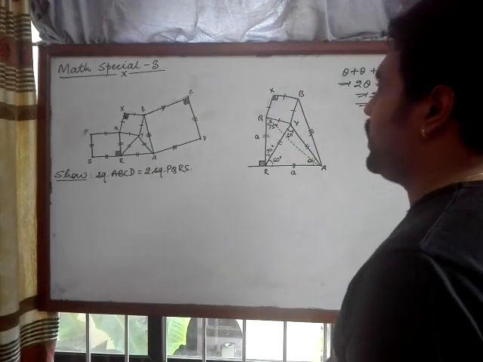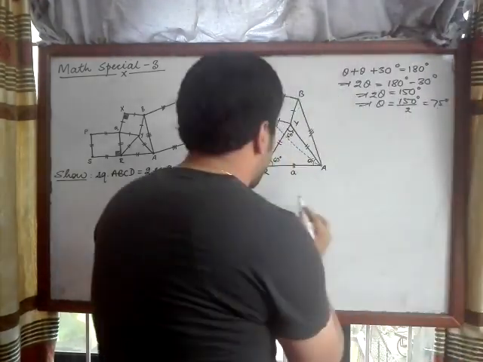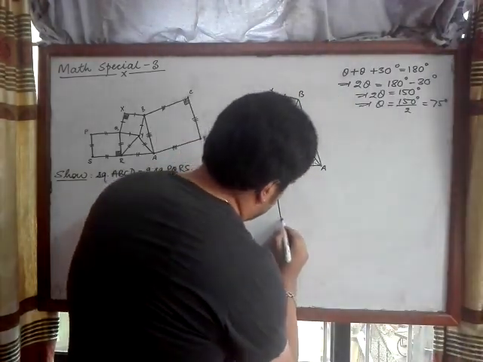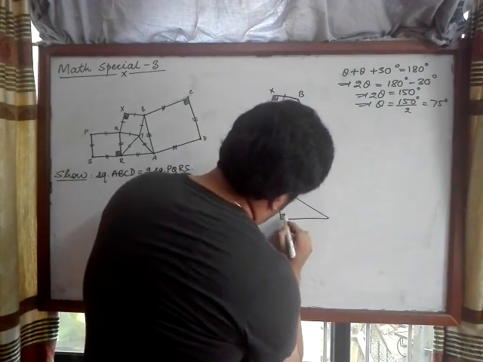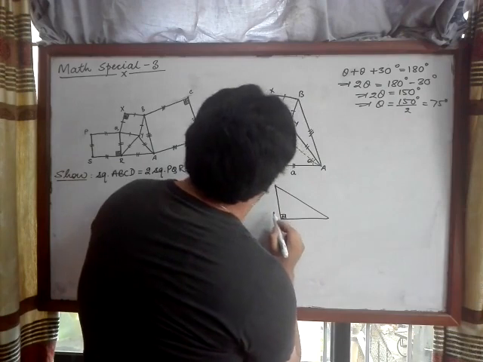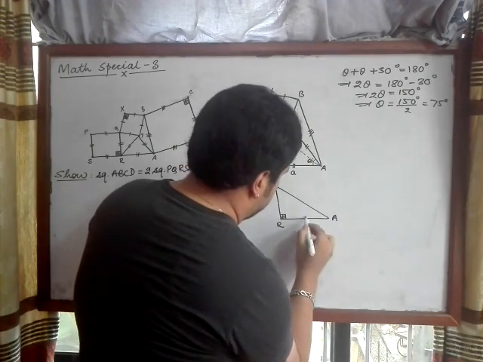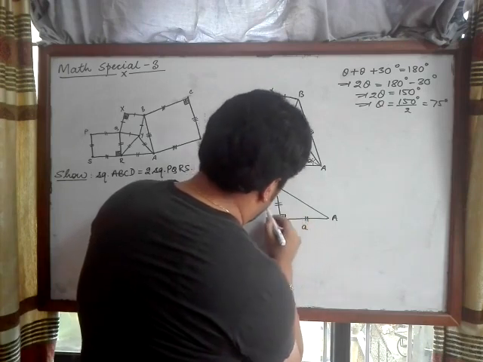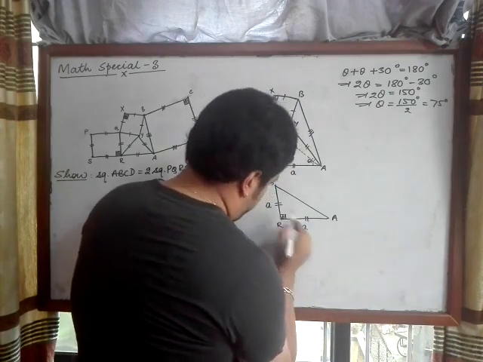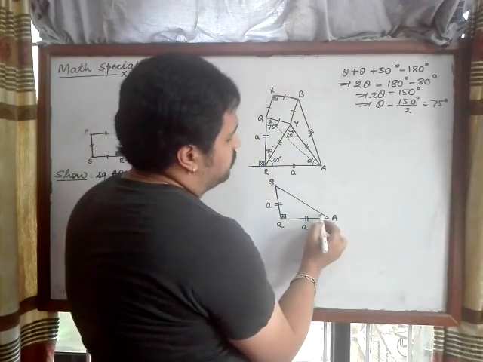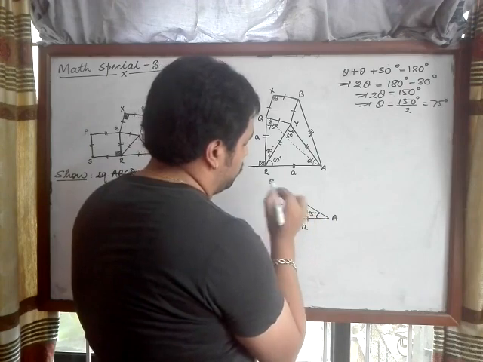Then what we have is a triangle, this triangle RQA. This is A, this is A, and since this is a right angle isosceles triangle, this must be 45 degrees. This must be 45 degrees.